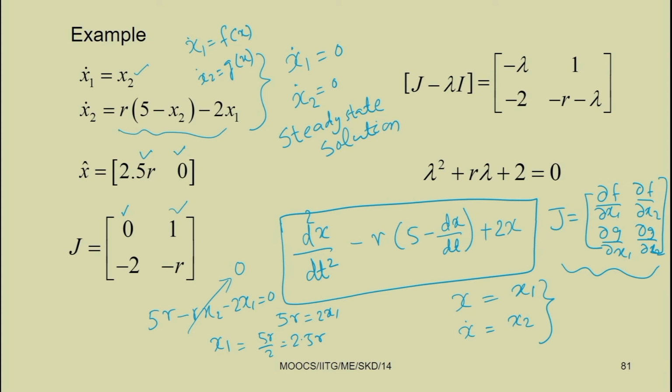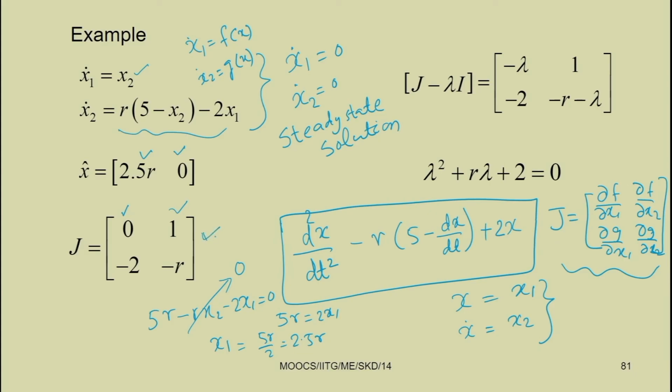When you differentiate with respect to x1, this becomes minus 2. Differentiating with respect to x2, this is r minus x2, or minus r x2. 5r is a constant, so differentiation of the constant with respect to x2 equals 0, and differentiation of minus r x2 with respect to x2 equals minus r.